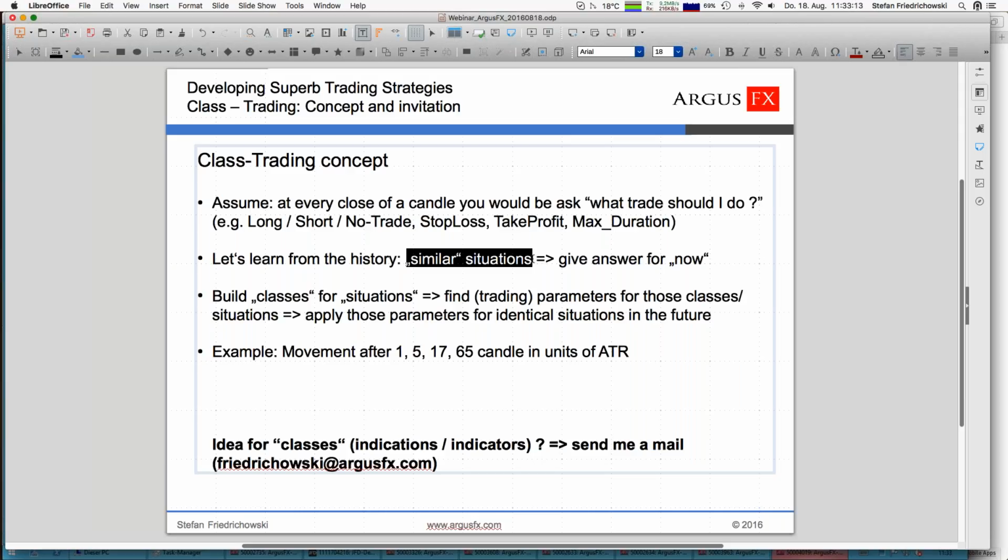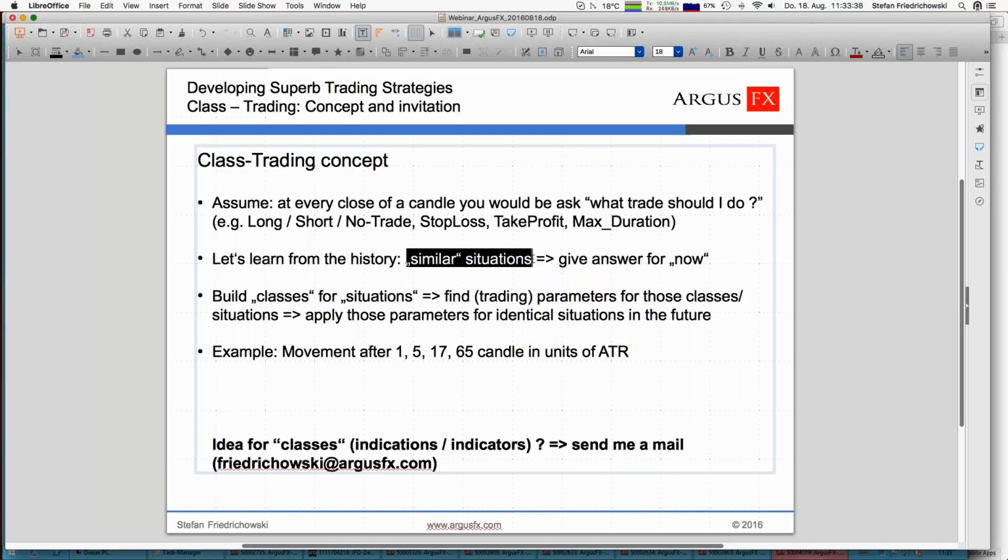Every candlestick formation would be one class, one trading class. To be more general, we sort all the situations into some order. We order them into a box, or we assign them a name, like those candlestick formations.